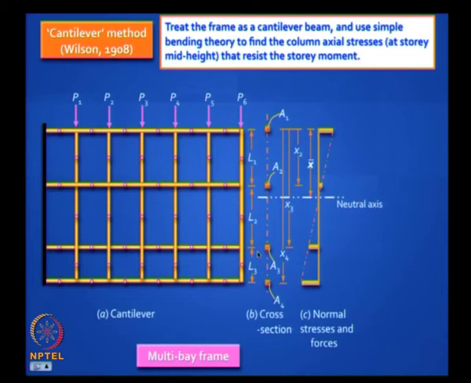Is it clear? Now if I cut the section let us say at any line in the middle of any story, then I do not have any local bending moments in the columns, right, but I have only axial forces and shear forces. Let me plot the axial force variation. Well, according to this theory, we treat it as a linear variation assuming simple bending theory.